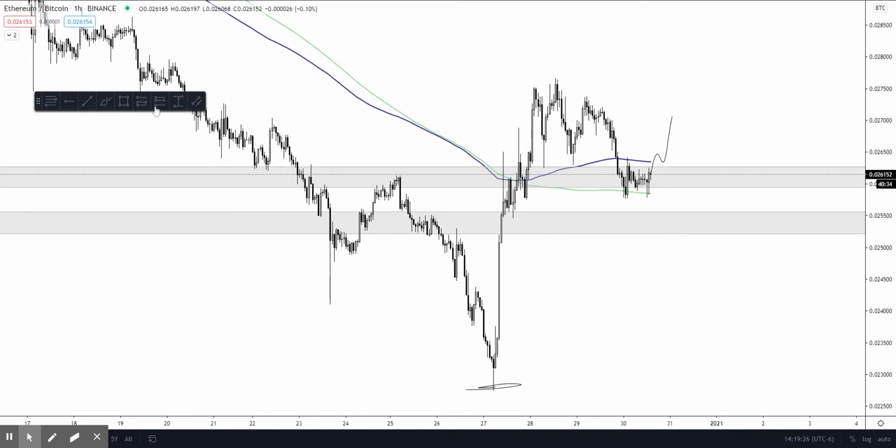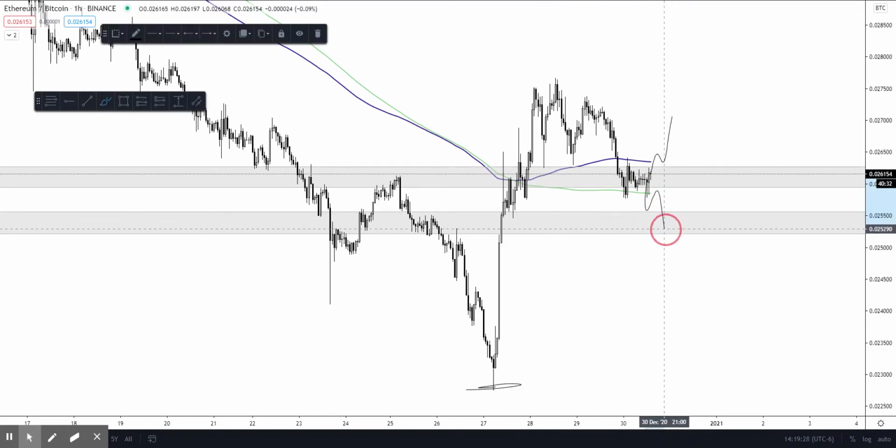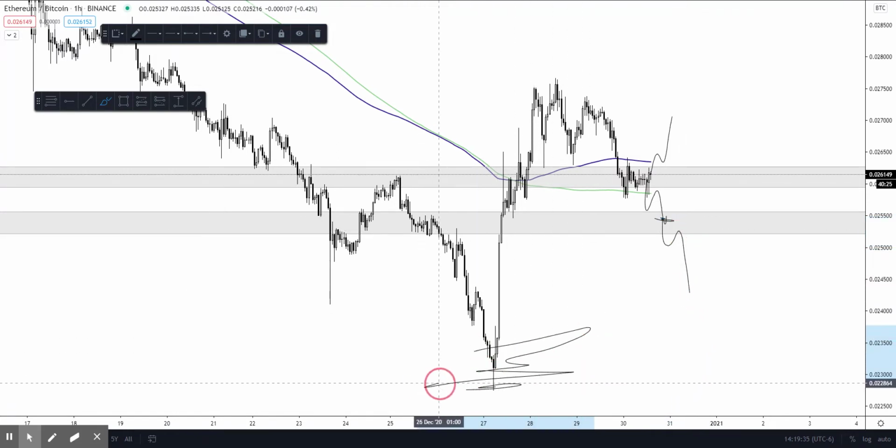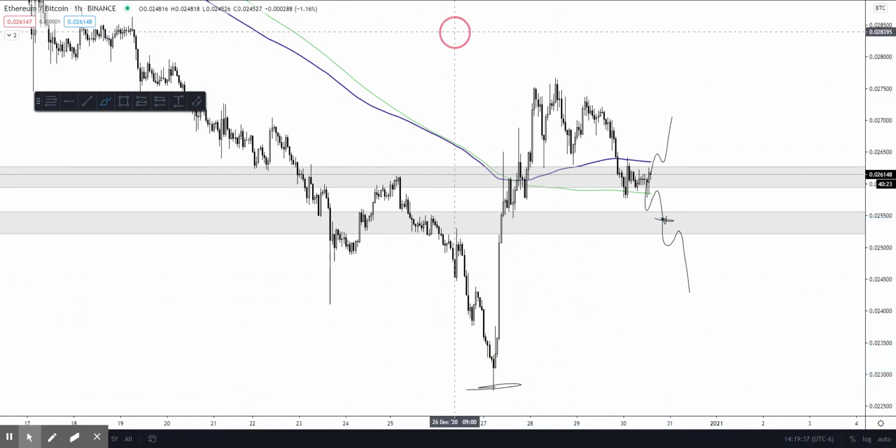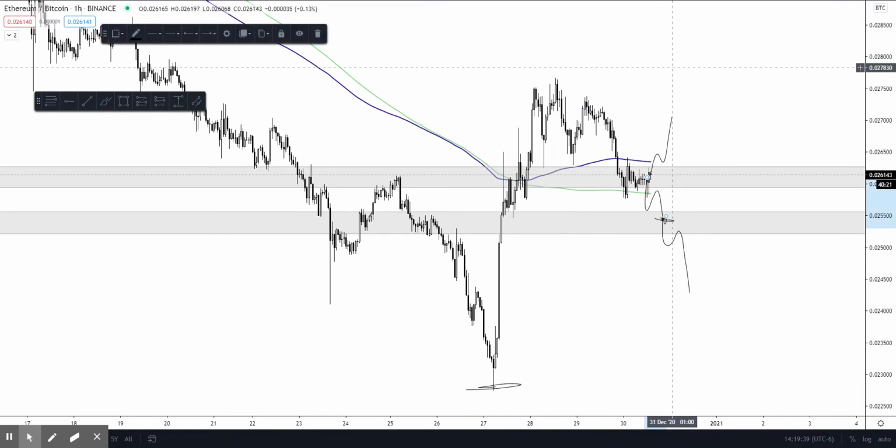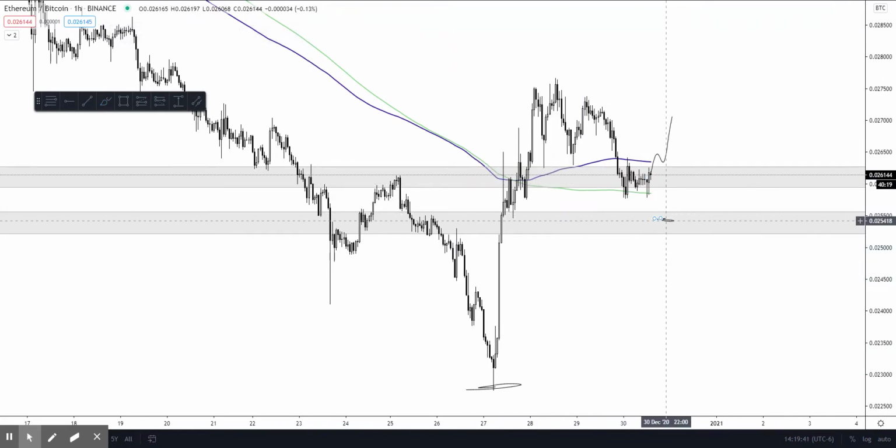Higher than here. And if we get that breakdown, maybe test this demand zone once again. If you lose this demand zone, then you could start looking for that lower low on a much bigger time frame, that much bigger sell off, which would be that drastic move that we just talked about.